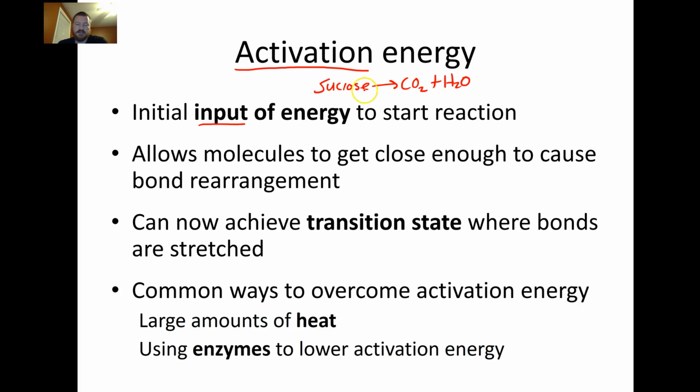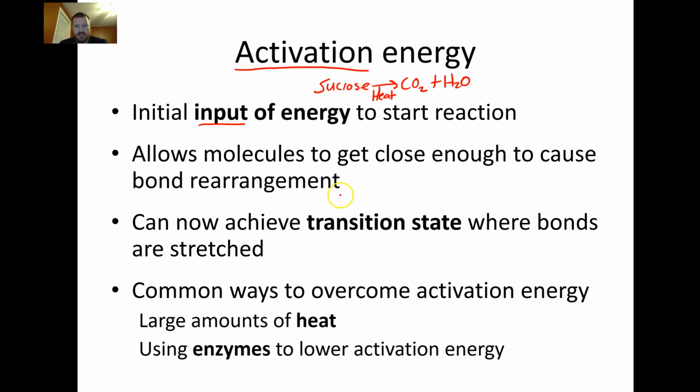I could do that a couple of ways. I could just add heat, right, and get it to break down. And actually, I could keep going. You could put it in a pan until eventually all you ended up with is carbon, and everything else is gone. The problem is that takes a lot of energy to do that. So that's one thing you can do, is you can just add some heat.